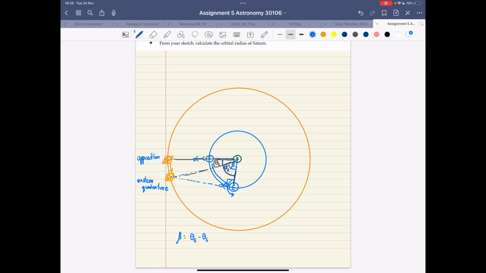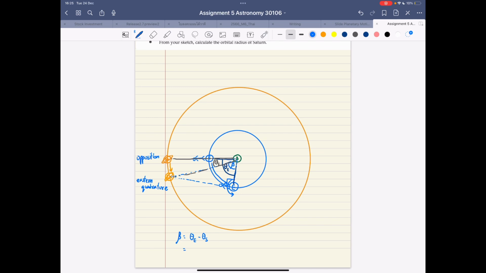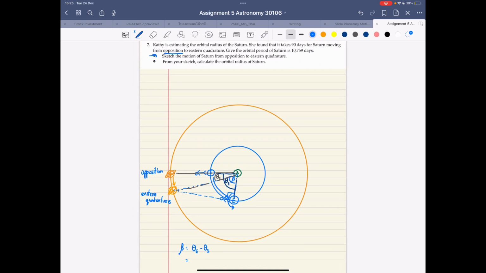And basically we know that the orbital period of the Earth is 365.25 days. And since it takes 90 days for Saturn to move from opposition to eastern quadrature, it will be 90 days over 365.25 days orbital period, times 360 degrees. This is the theta of the Earth.